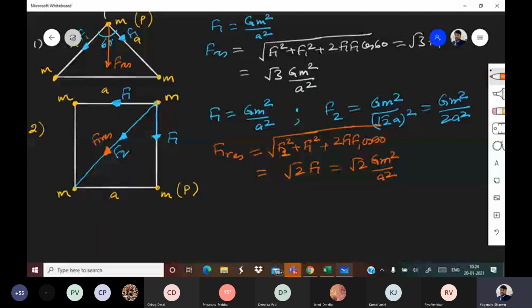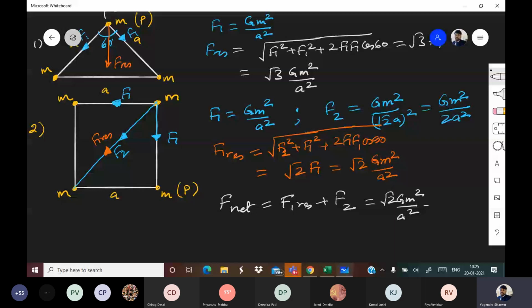This is F1 resultant. So F net will be F1 resultant plus F2, because both are in same direction. So when directions are same, you can simply add vectors like you normally add things. Okay. So that will be root 2 Gm square upon a square plus Gm square upon 2a square.